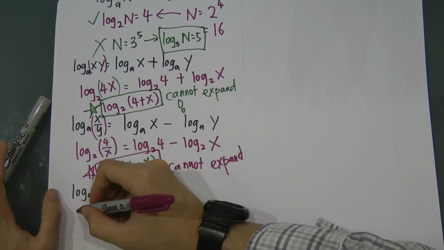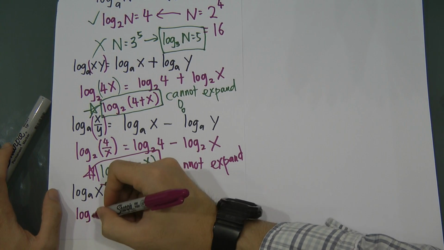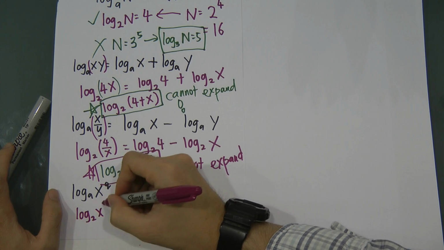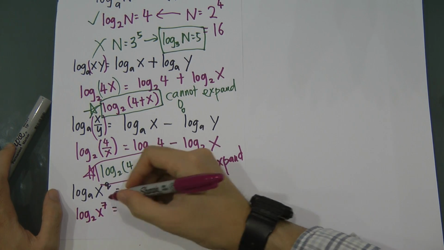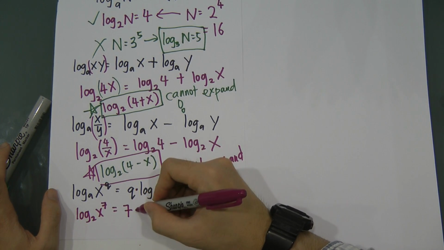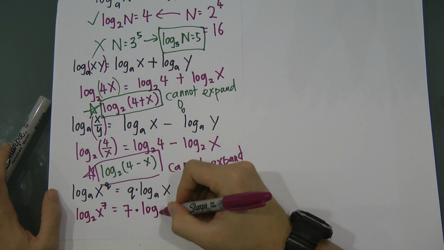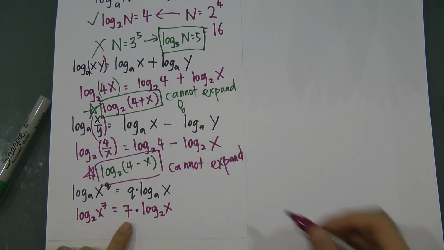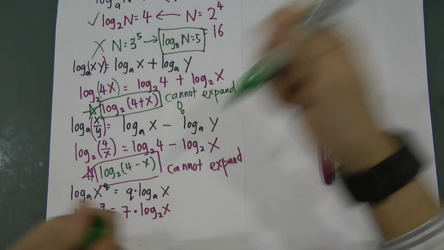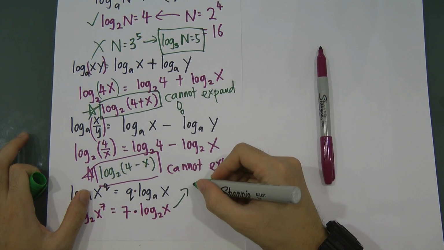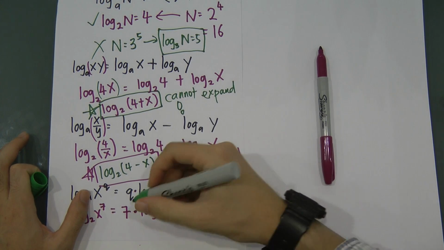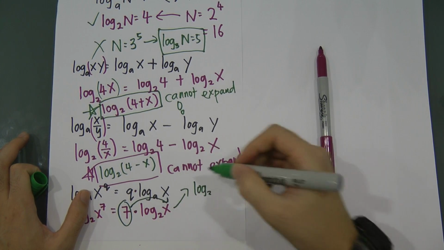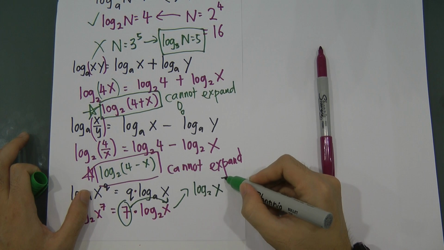So for example, if I got log 2 of x power of 7, I can move my 7 to the front and it becomes 7 multiply log 2 of x. They are the same thing. I can still move it back, then I will get log 2 of x power of 7.